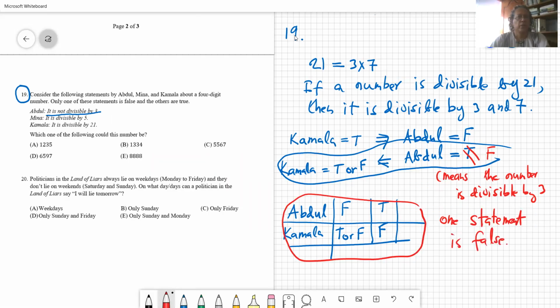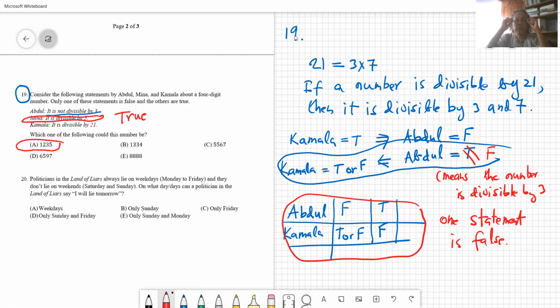That means Meena's statement has to be true always. So then the number has to be divisible by 5, and from the given numbers, only this one is divisible by 5. So it can be the number, right?